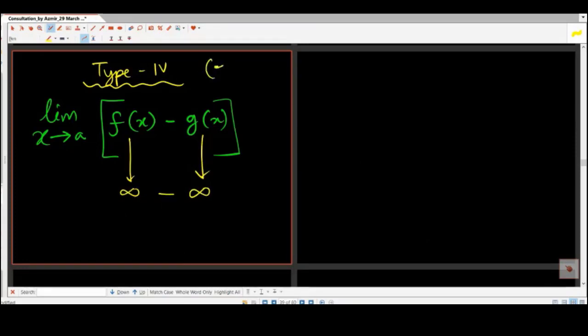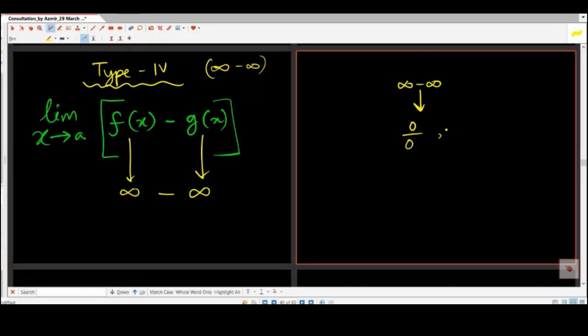Infinity, negative infinity is another indeterminate form. If we have this case, we have to convert infinity, negative infinity to either 0 over 0 or infinity over infinity form. So this is step 1.